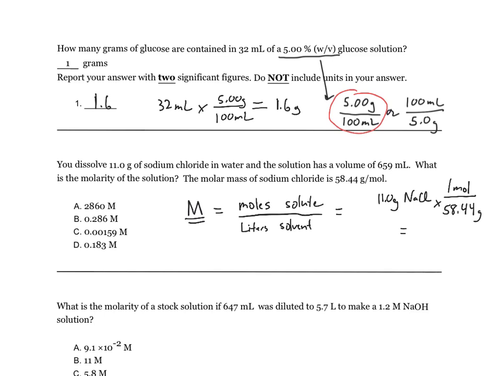So 11 divided by 58.44 is 0.188 moles. Then liters of solvent, the volume's given in milliliters. 1,000 milliliters are in 1 liter. So 0.659 liters.